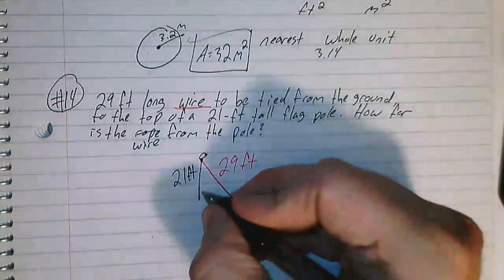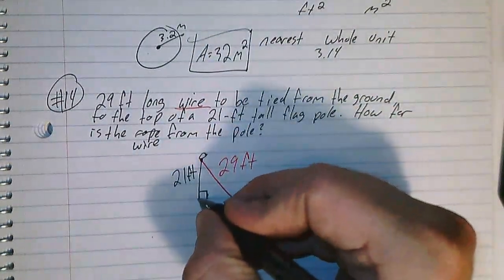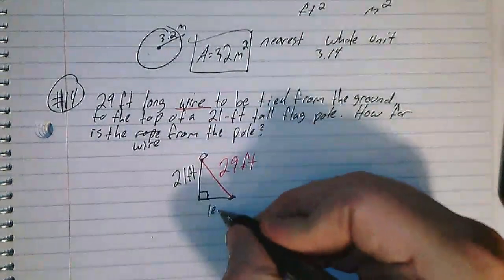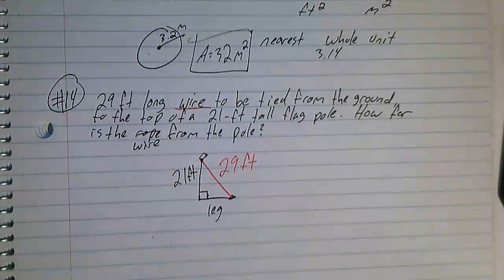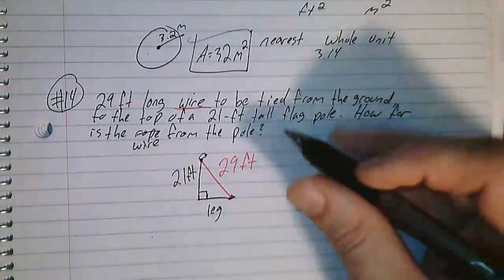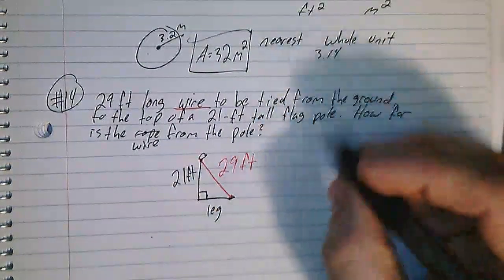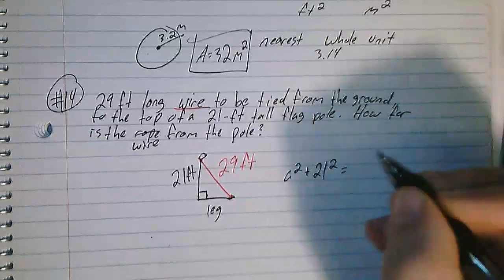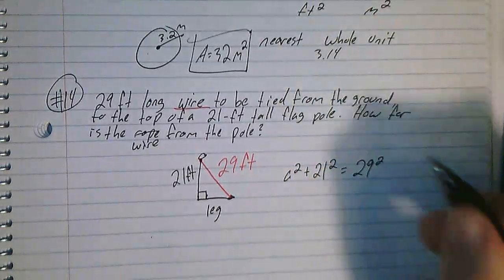So it asks us to find basically a leg here. It's not the hypotenuse, so it's a leg. How far from the pole is the rope tied to the stake in the ground, I think is the question. And so these are our legs, that's our hypotenuse. So a squared plus 21 squared equals 29 squared.